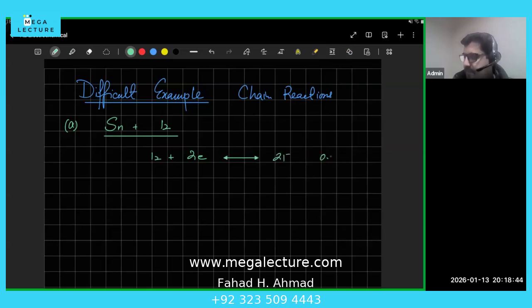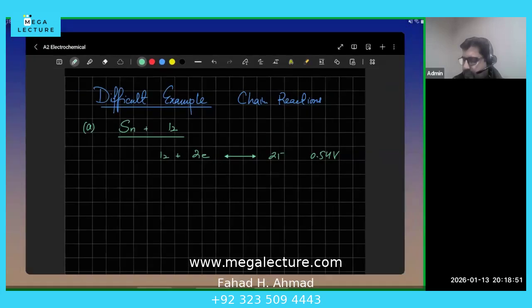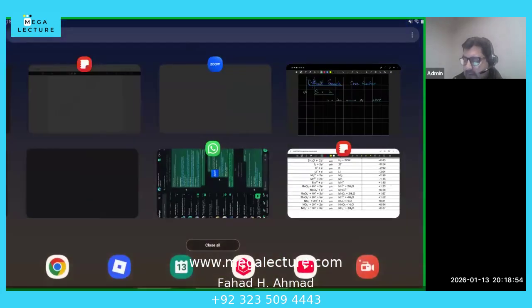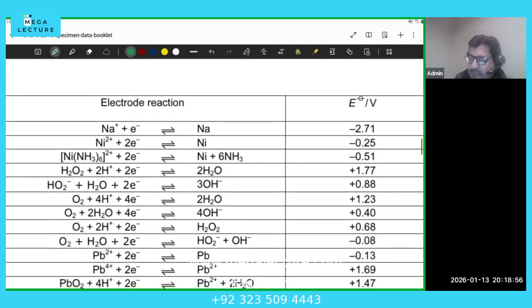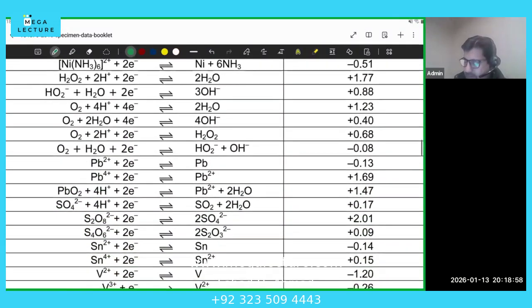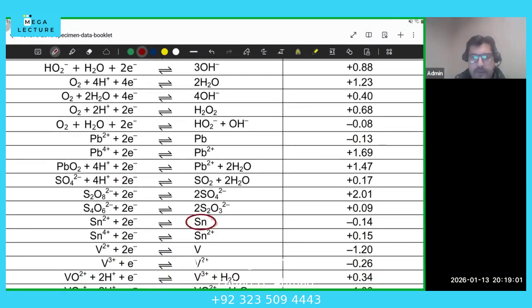And it's 0.54 volts. Now if you go and have a look at tin, so tin की, there's just going to be one equation. There's only one place where tin appears in the reactions, that's this one. So I'm going to, नीचे वाले में there's no tin.